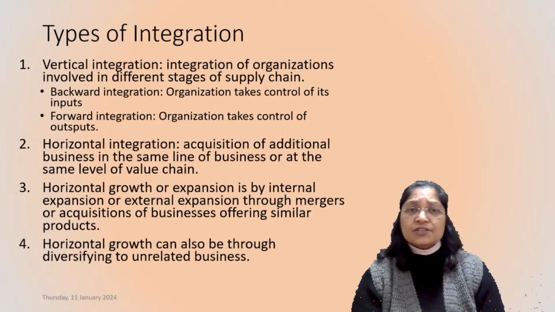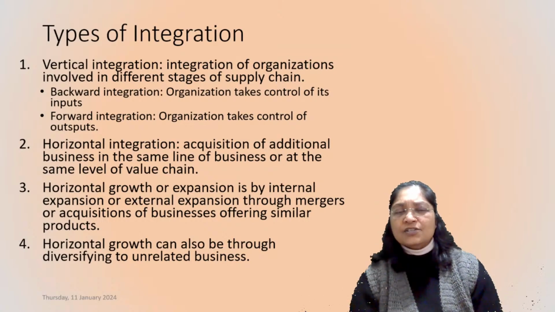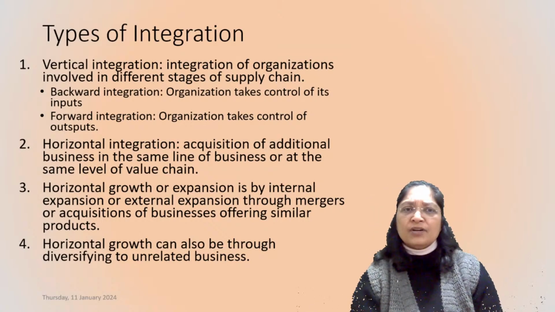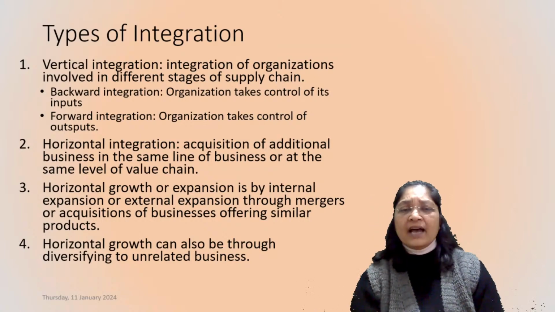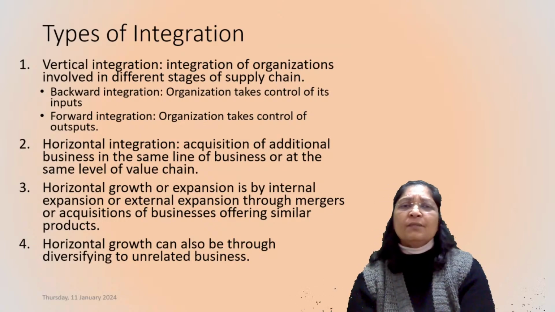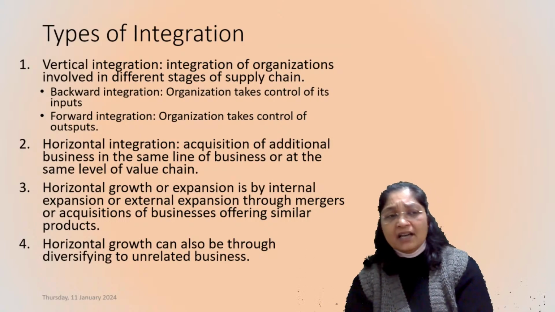And forward integration is when, as in the example I gave you, the organization thinks that its distribution company is not able to manage its products in the right way. And also maybe the expenditure is too much, then they say, why don't we manage it ourselves? So it's like the organization takes control of the outputs.